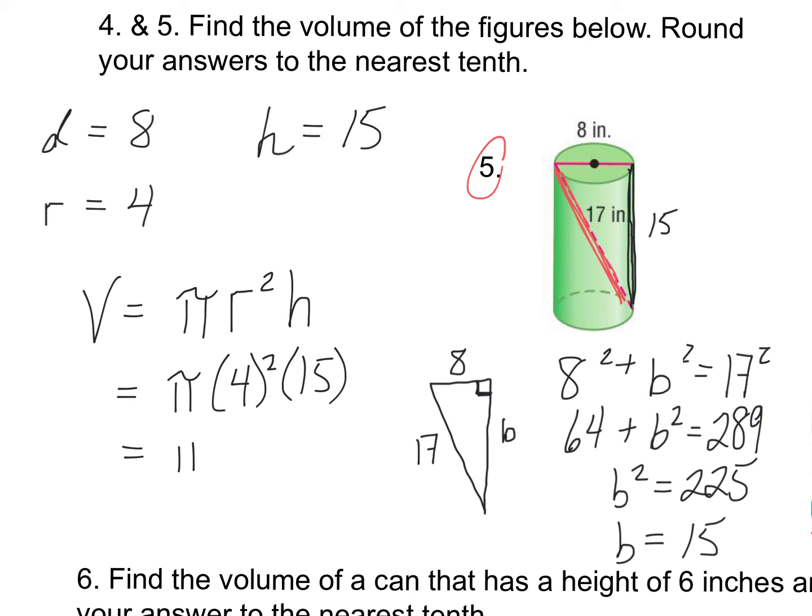So after I square that 4, it looks like I'm going to end up with 16 times 15 times pi, which is going to give me 754 after I round it to the nearest tenth. So it's going to go up to that whole number. And my units are inches, and it's going to be cubed because I'm talking about volume.